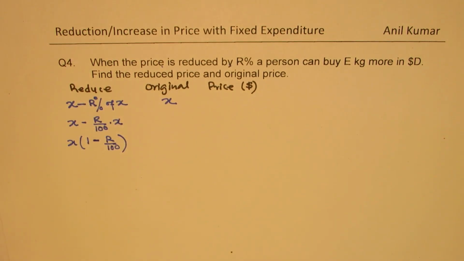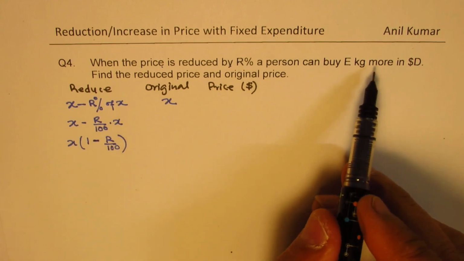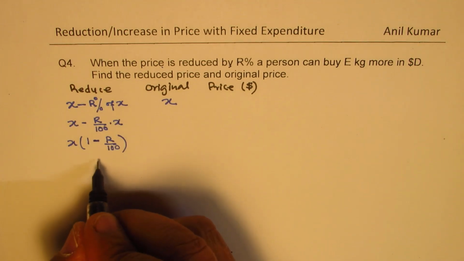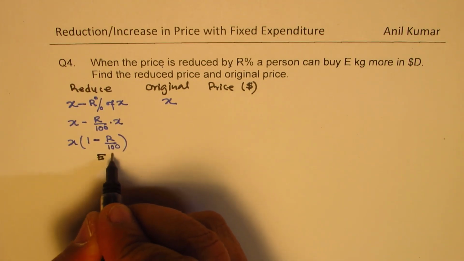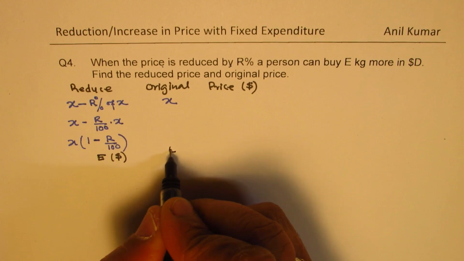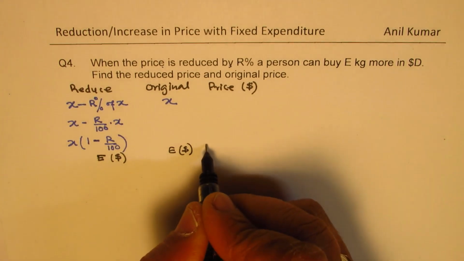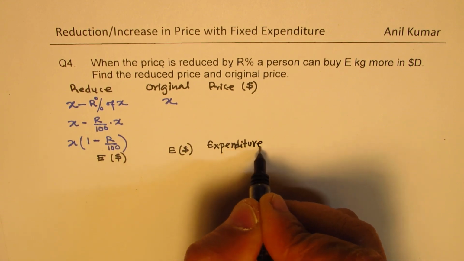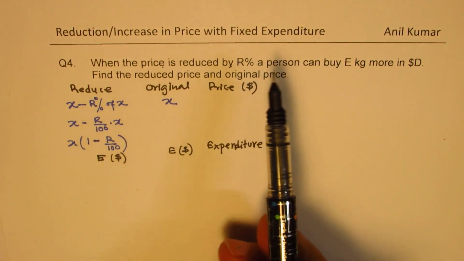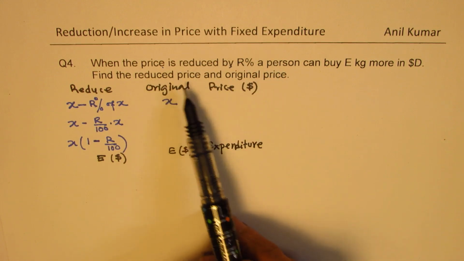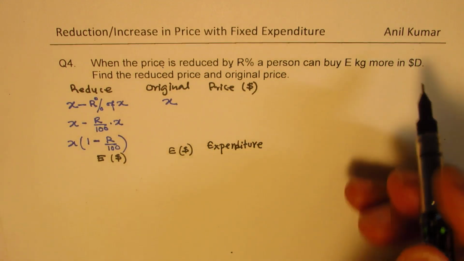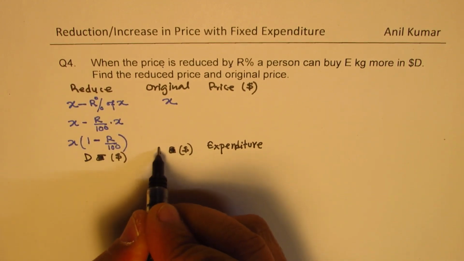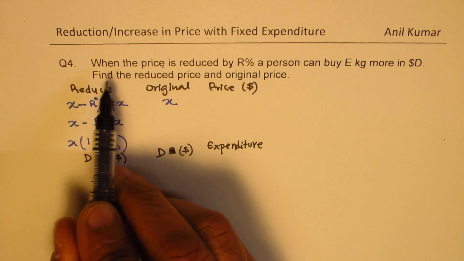Correct? Now for both the cases, we have fixed expenditure, which is D dollars. So for both the cases, we have the amount D in dollars. So that is what we are saying, expenditure. Now, since the price has been reduced, the dollars is D, the excess is E, right? E is the excess.